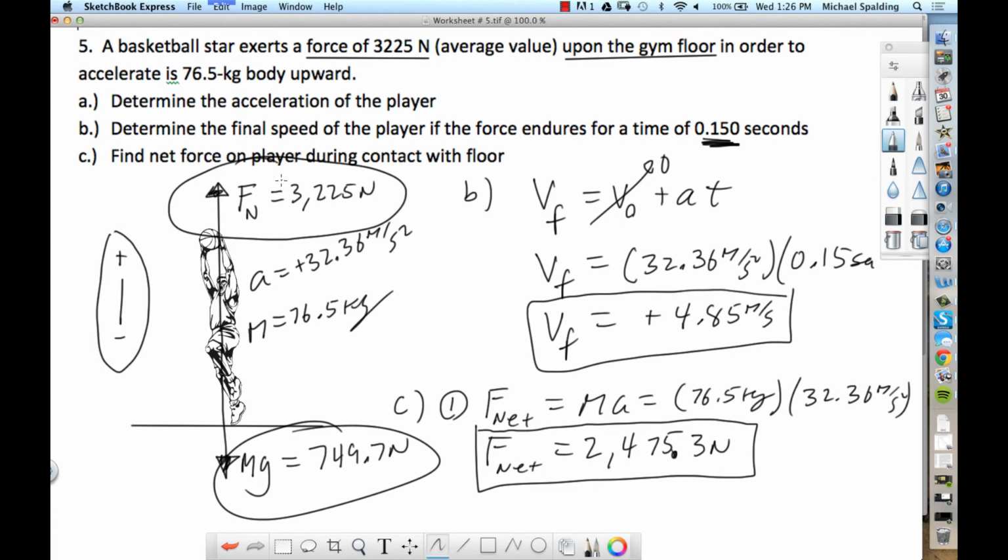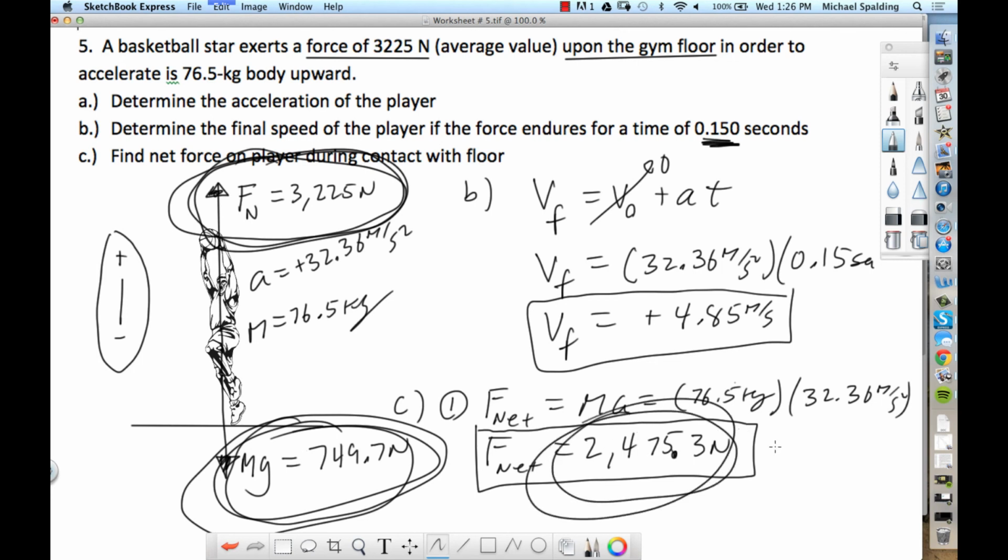We have an upward force of 3,225 and a downward force of 749. What's the net force going to be? The difference between them. Think of it like a tug of war. We have an up force that's bigger than the down force. So how do we find the net force? Subtract them, and it's going to give you this. The net force is upward.